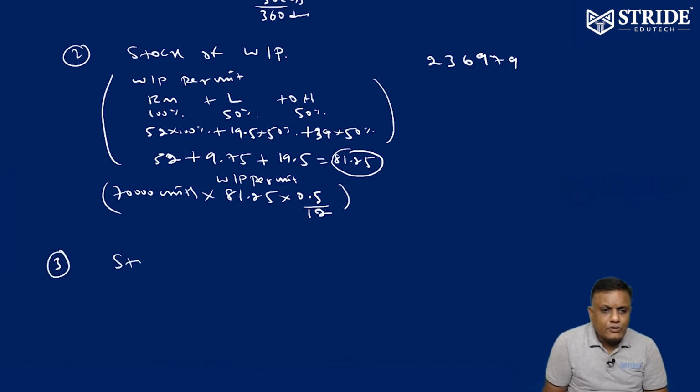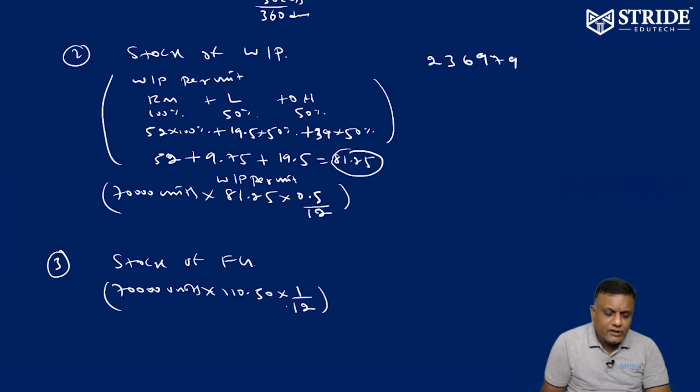Next, number 3, stock of finished goods, FG. So 70,000 units into total cost of finished goods 110.5, into stock of finished goods for 1 month, so 1 by 12.